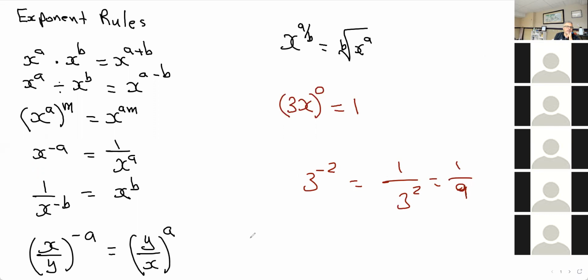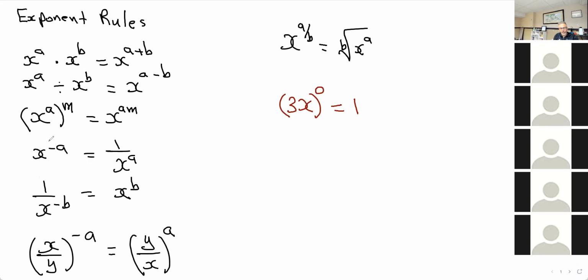Then you could do the same thing if you have x on the bottom, but the exponent is negative. So now, if it's on the bottom with a negative exponent, it could just jump to the top and the exponent becomes positive. Like this, the exponent is negative on top of the fraction, because everything is a fraction, it has a 1 underneath.